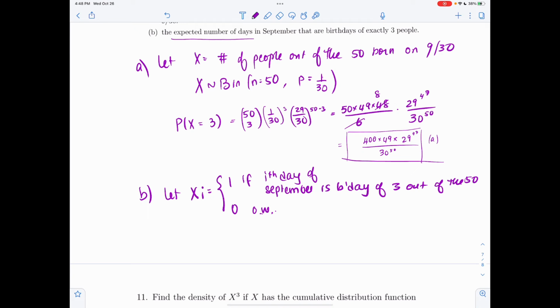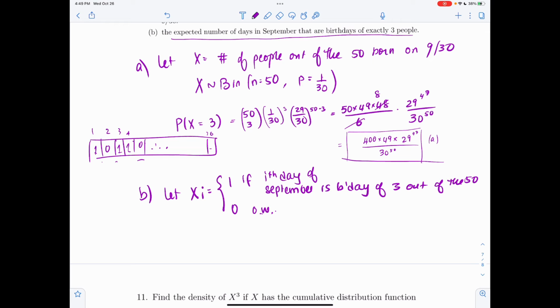The number of days that are birthdays of exactly 3 people. Well, what will it be? You're looking at all the 30 days, and you put a 1 in if it is the birthday of exactly 3 people, and you put a 0 in otherwise. Okay? And then you're counting the number of 1s. So you're adding up these xi.